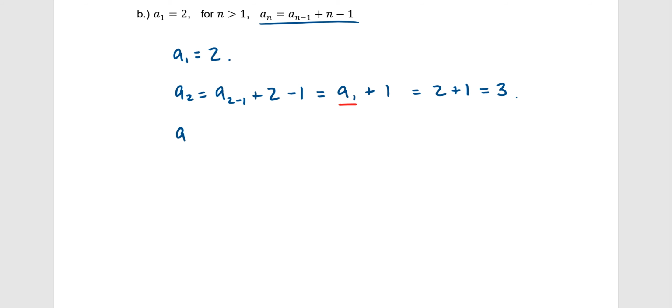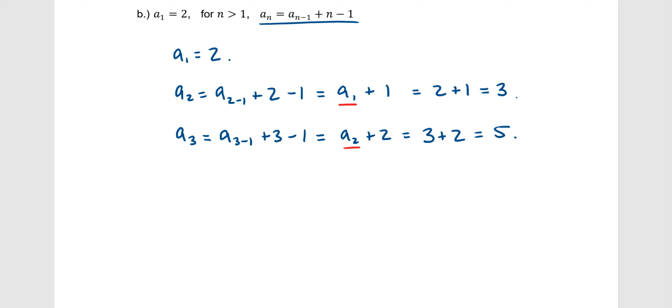Next, let's go ahead and find a sub 3. That's going to be a sub 3 minus 1 plus 3 minus 1. And that's going to give us a sub 2 plus 2. And we just found a sub 2 in the previous one, which was 3. So that's 3 plus 2, which gives us 5.